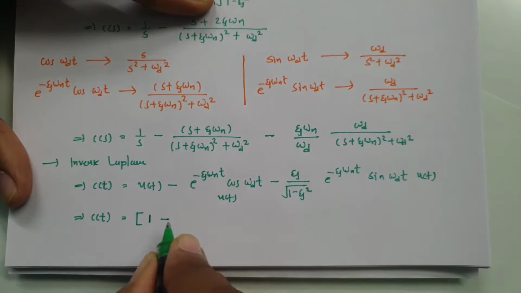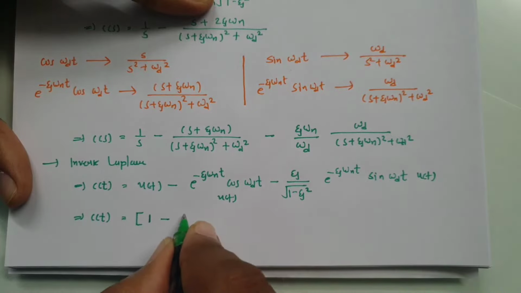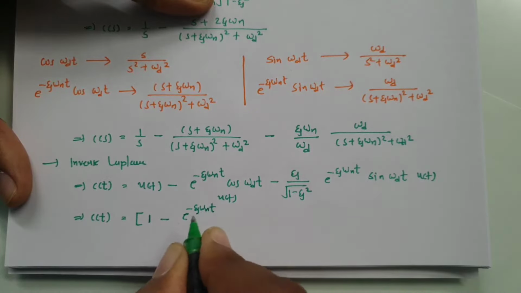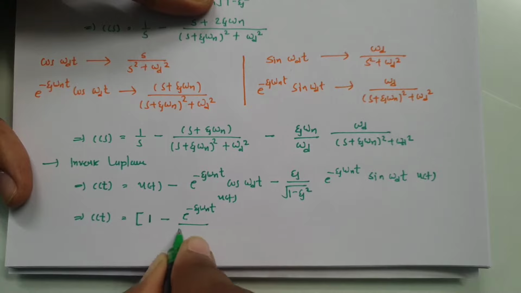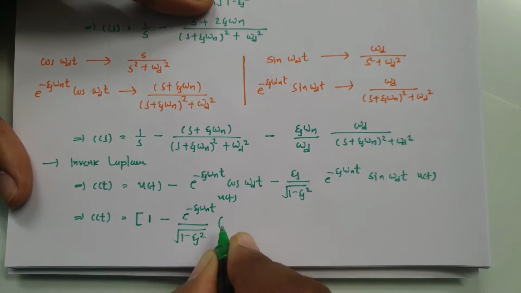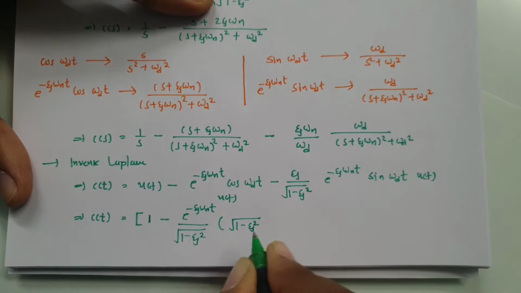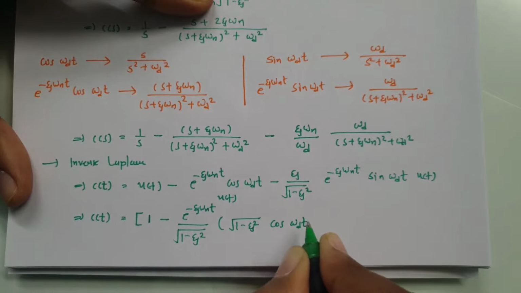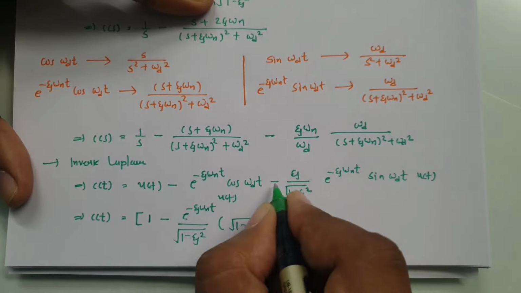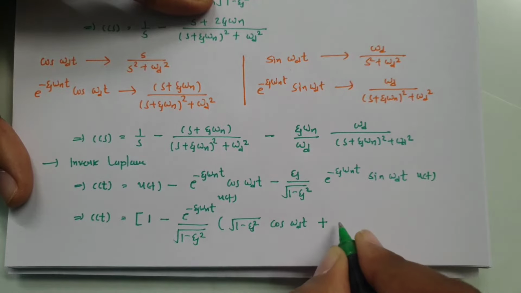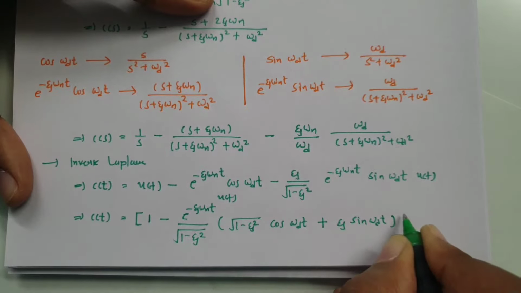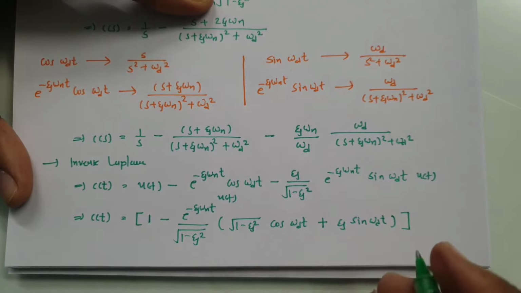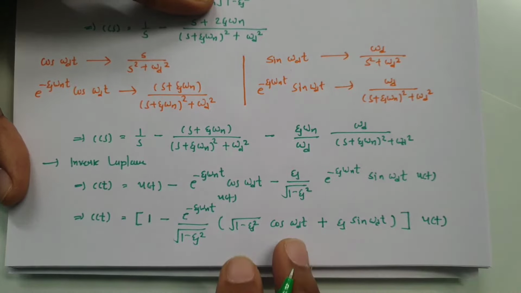So 1 minus, now see, from these two terms I am taking e to the power minus zeta omega n t common, and if I take divide by square root of 1 minus zeta square common, then over here with this cos omega dt, I need to multiply square root of 1 minus zeta square into cos of omega dt, and minus sign is common. So here inside that will be plus zeta sine omega dt, and this complete term into u of t I need to write.